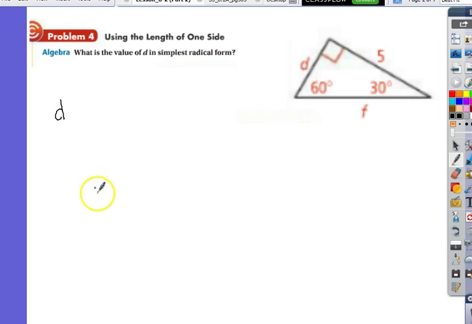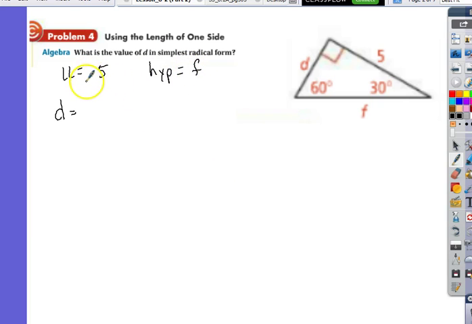D. So the first thing I'm going to do is find D. Now the longer leg was equal to what? 5. And the hypotenuse was equal to F. All right, so neither one of those is immediately solved, but this one I'm going to have to wait and do second.